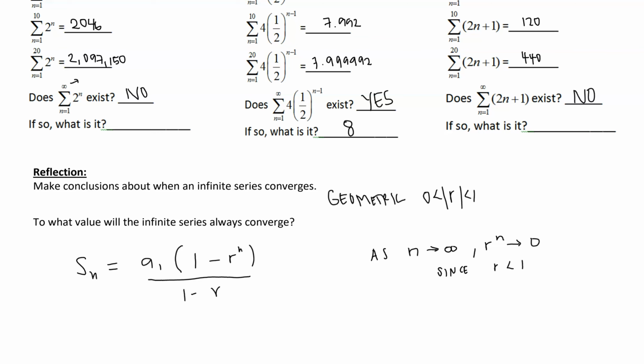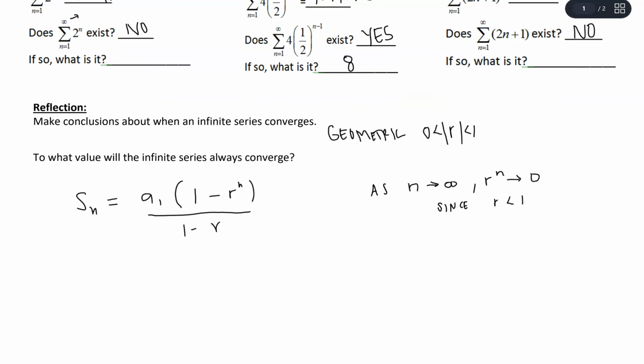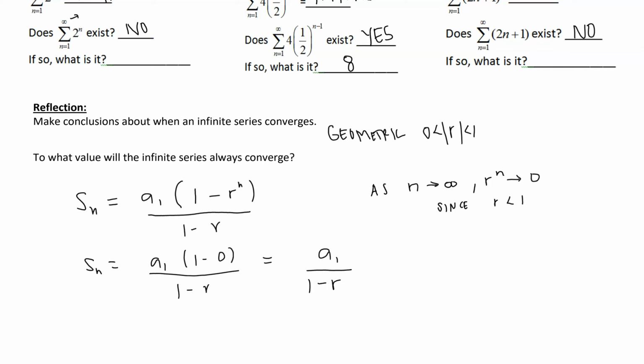So if that goes to 0, then in this formula I'm going to be left with a sub 1 times 1 minus 0, all over 1 minus r. That really just turns into a sub 1 all over 1 minus r.